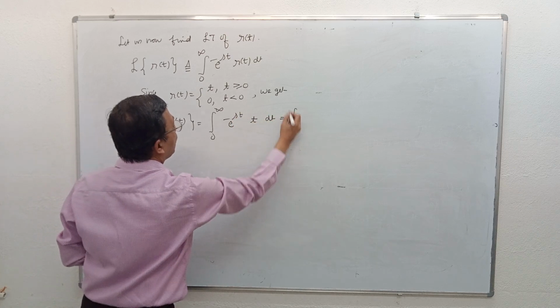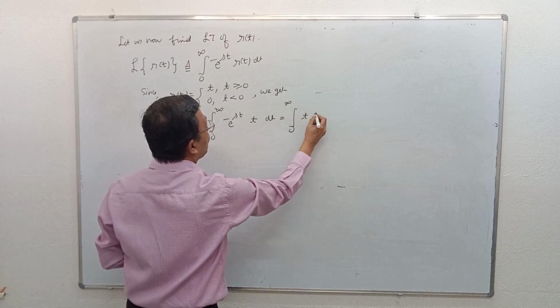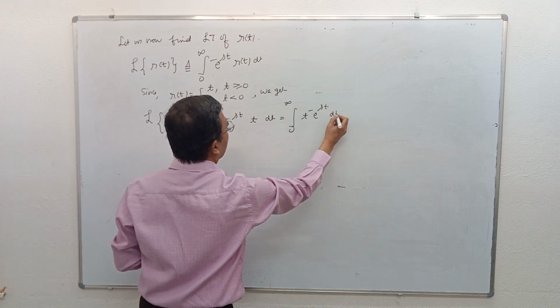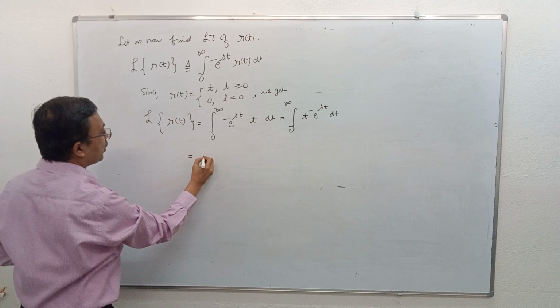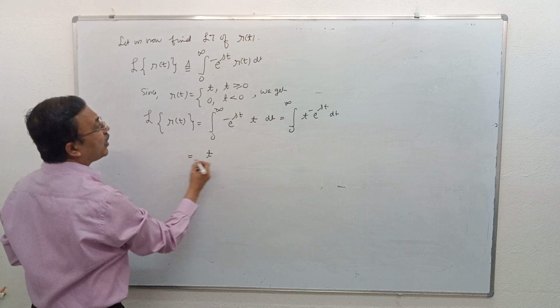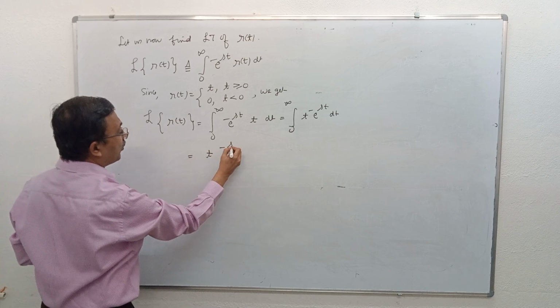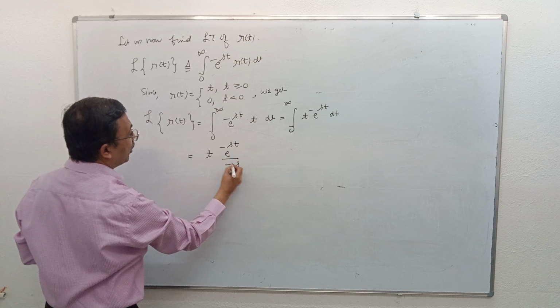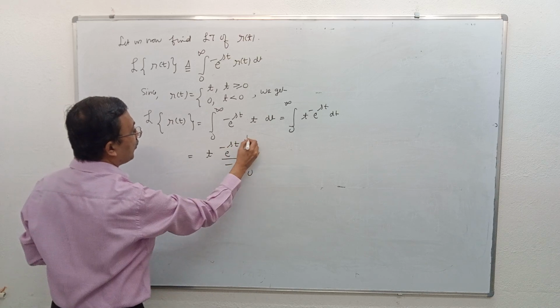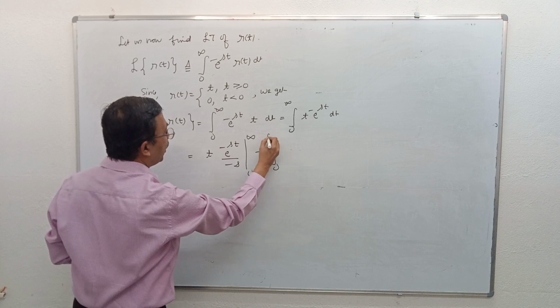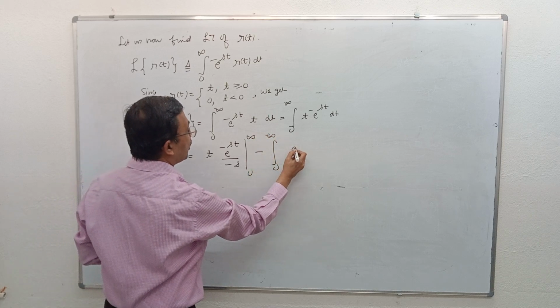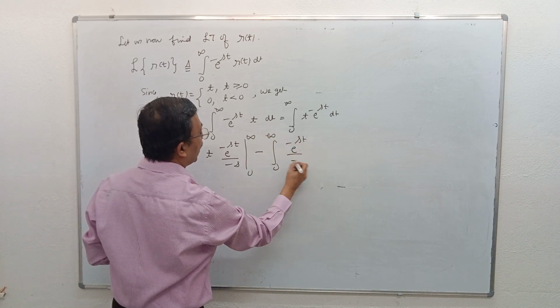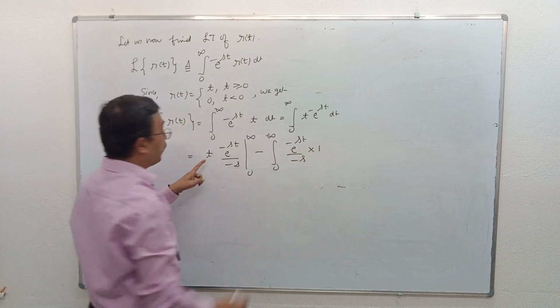Now we will do integration by parts. t into e to the power minus st dt. First function is t into integral of the second function, which is e to the power minus st by minus s, put limits 0 to infinity, minus integral of the integrated part, which is e to the power minus st by minus s, into differential of the first function.